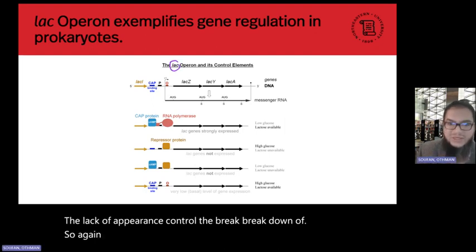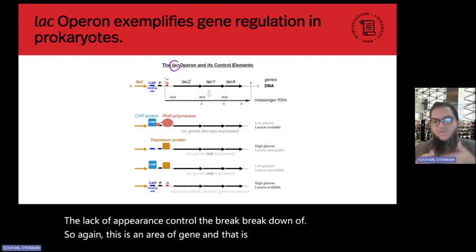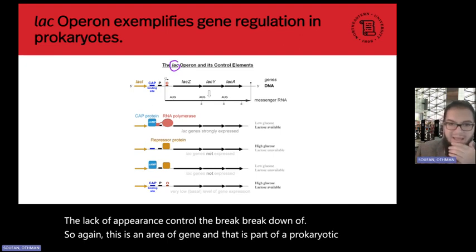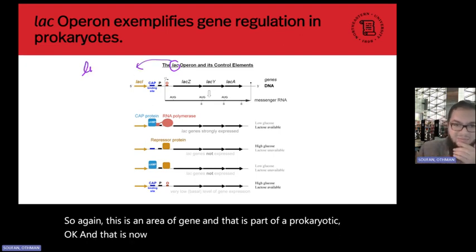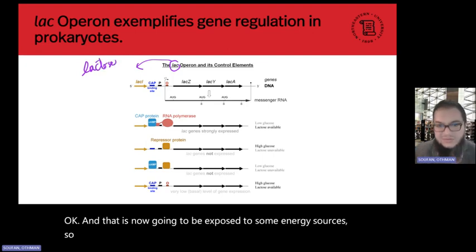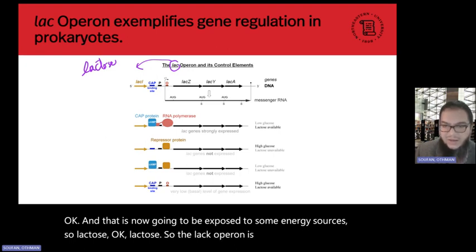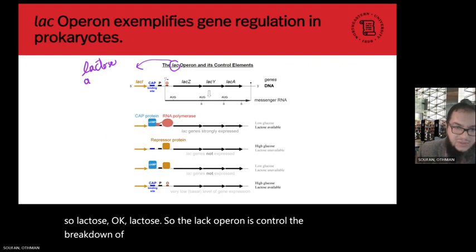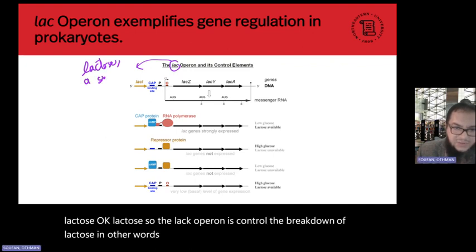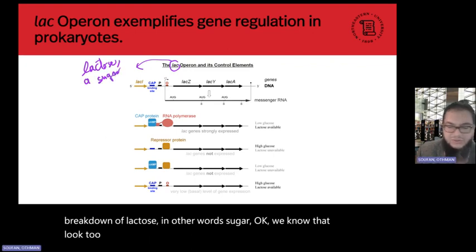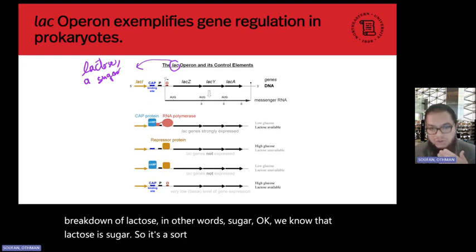Again, this is an area of a gene that is part of a prokaryote that is now going to be exposed to some energy sources, so lactose. In other words, sugar. We know that lactose is a sugar, so it's a source of energy.